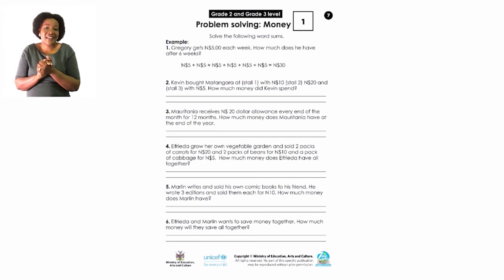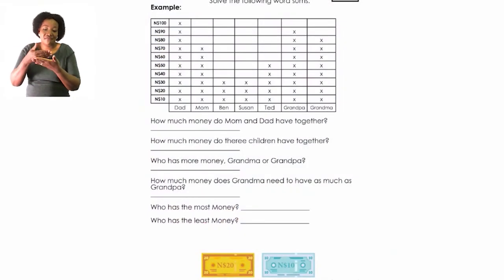I would like for you to turn to page 8. We are still dealing with money, the data handling. It says solve the following word problem, pardon me. We have the data there, the money of the people that spent on certain items, all right?